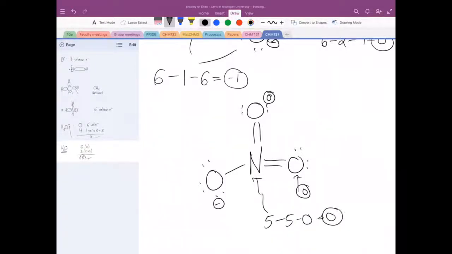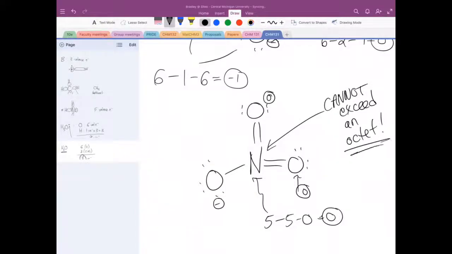So by formal charges, this looks pretty cool, but nitrogen can't have more than 8 electrons, and nitrogen here has 1, 2, 3, 4, 5, 6, 7, 8, 9, 10 electrons. So there's no way that you could do this.